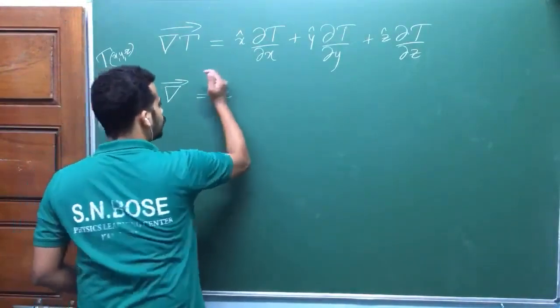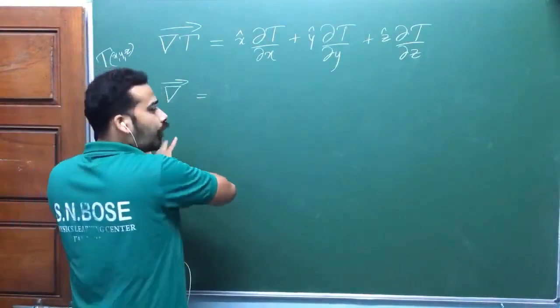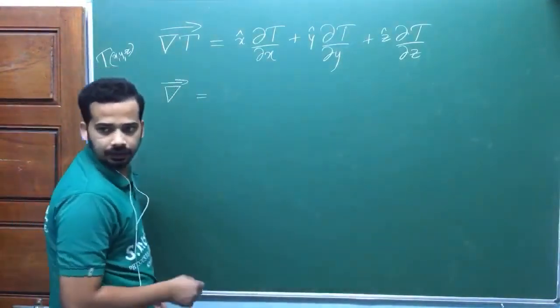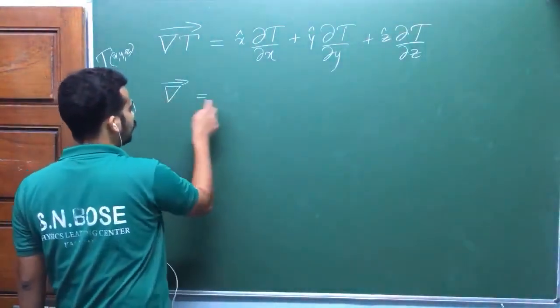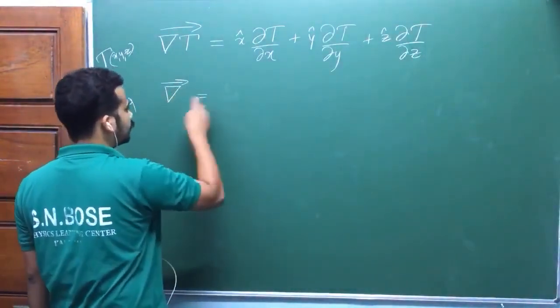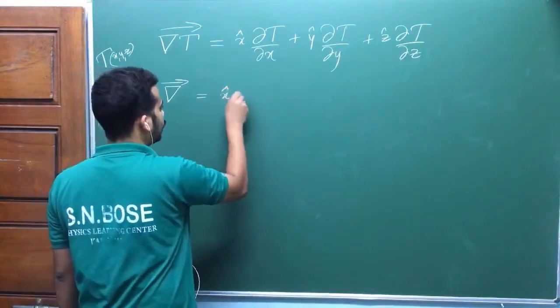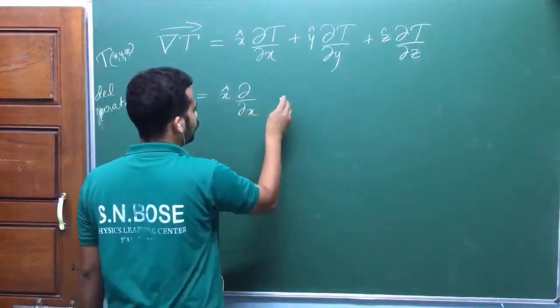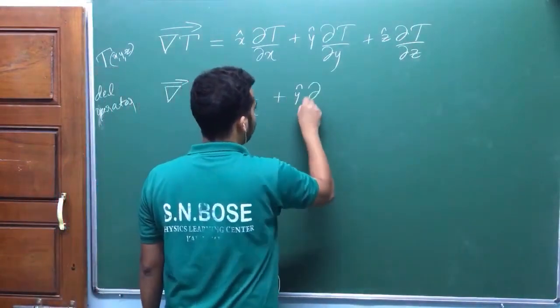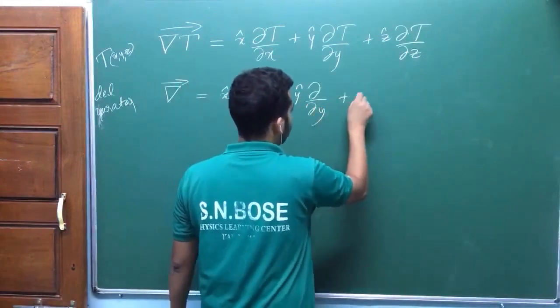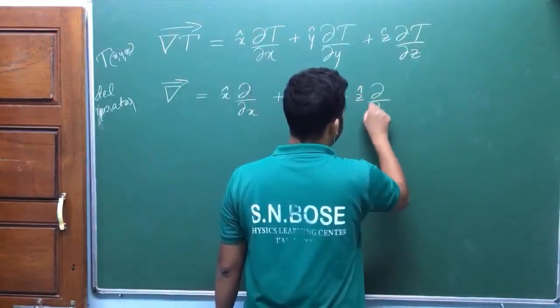So we have to see this one as an operator that you are going to operate on something. So the del vector, we are going to write like this: del operator is equal to x cap into dou by dou x plus y cap into dou by dou y plus z cap into dou by dou z.